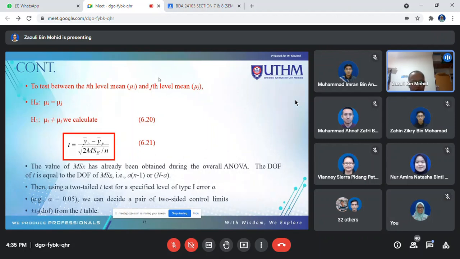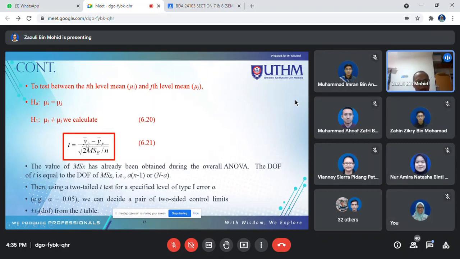The equation that we can use to do tests between levels, we can conduct the t-test, comparing between the i and j levels. Maybe we have the first level and second level, or maybe we can compare between the first and the third level, or first to the fourth level.